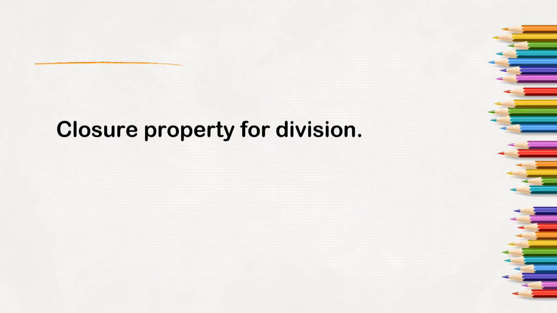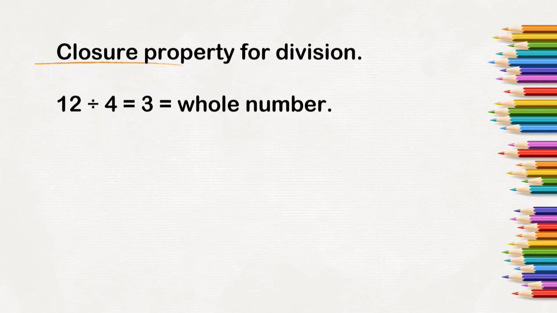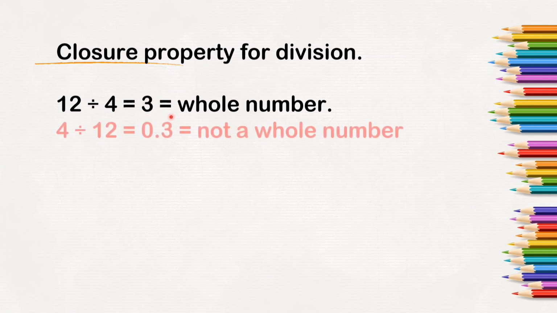Closure property for division. Here 12 divided by 4 is equal to 3. 12 is a whole number, 4 is also a whole number, and the result, the quotient, is also a whole number, right? Look at another example. 4 divided by 12. 4 is a whole number, 12 is also a whole number.